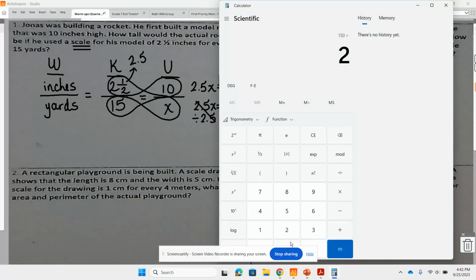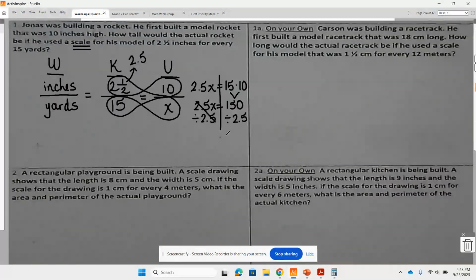All right, x is equal to 60 yards. So the actual rocket in the real world would be huge, right? 60 yards long. Whereas his drawing that he made is only 10 inches.